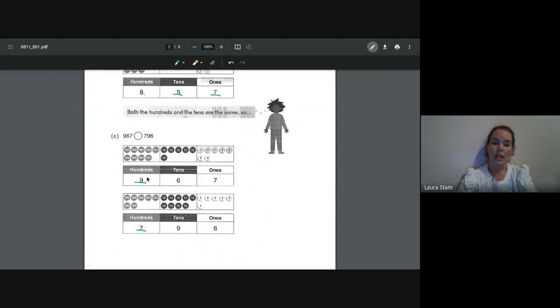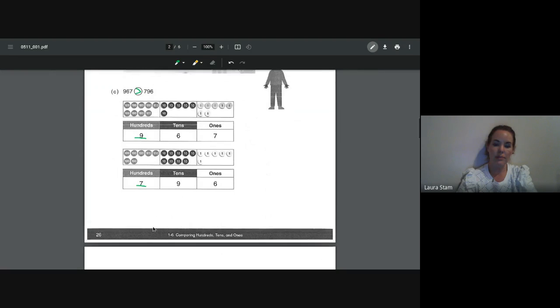And we know that 9, and we can see this in our disc right here, is larger than 7. And so 967 is greater than 796. So even though this tens place, this 6, is smaller than 9, it doesn't matter because we're looking at the hundreds, and the hundreds told us who was larger first.